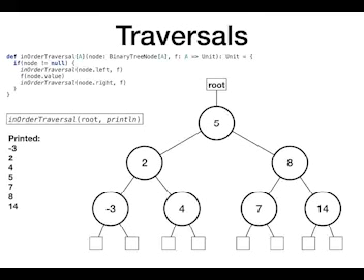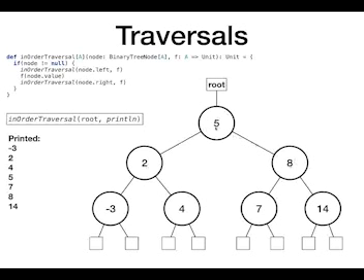In-order traversal is arguably the most useful traversal. And if you notice, the way I set up this tree, this is just a little prelude to Wednesday's lecture on binary search trees: every left child is less than its parent, and every right child is greater than its parent.